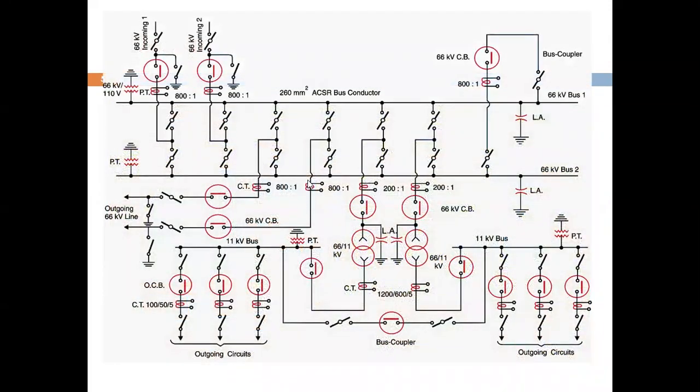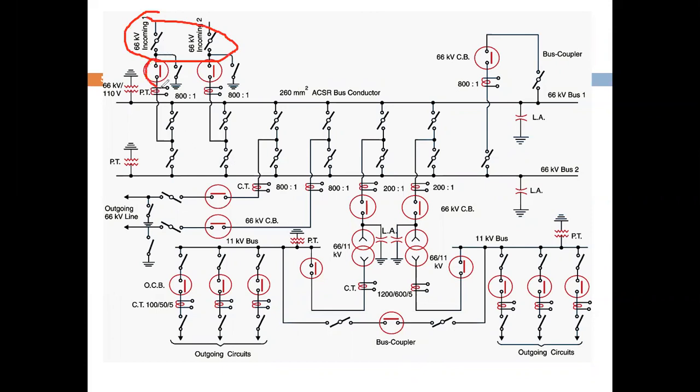Now, you see on the screen, this is the single line diagram of a substation. At first, people see this diagram and call it complicated. No, this is not a complicated diagram. This is a very simple diagram. This is the incoming line. There are two incoming lines, 66 kV.